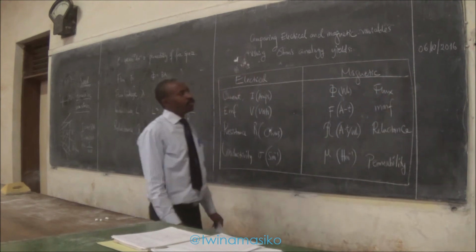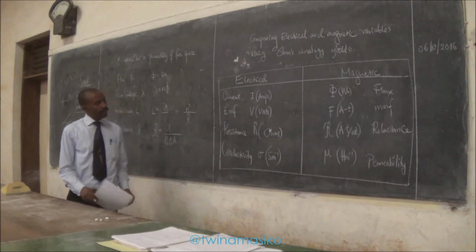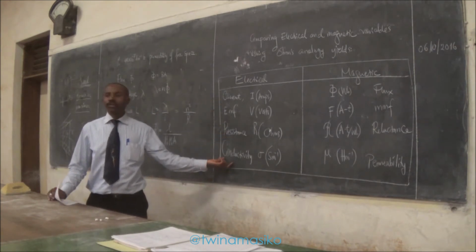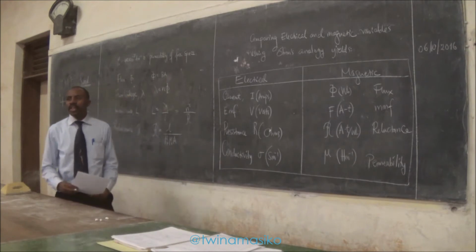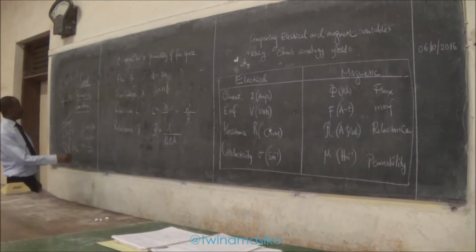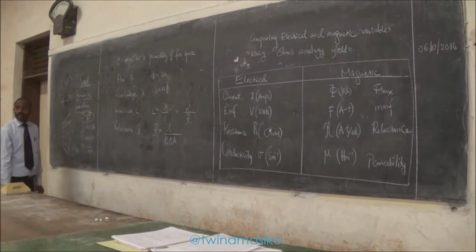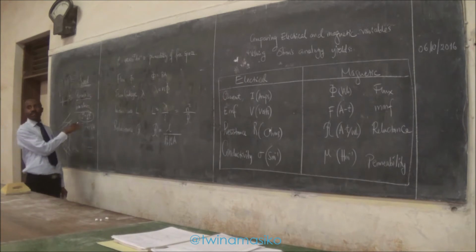So using the Ohm's analogy of V is equal to IR, when you go to J is equal to sigma E, when you're interested in the current density, then you invoke the conductivity, and this is the microscopic form of Ohm's law.